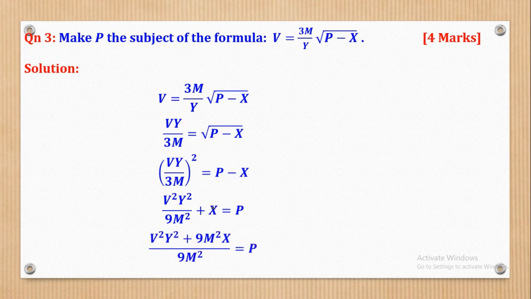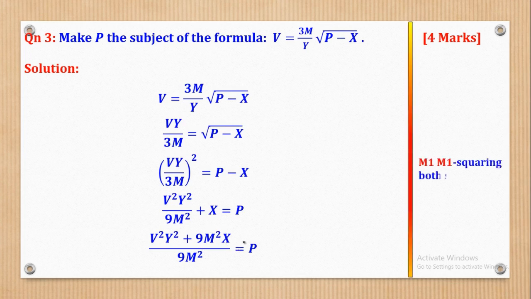So combining into one quotient, I'll come up with the LCM is now 9m squared. So 9m squared divided by 9m squared is 1. So 1 times this is v squared y squared. Then 9m squared divided by 1 is 9m squared, multiplied by x, you get 9m squared x.